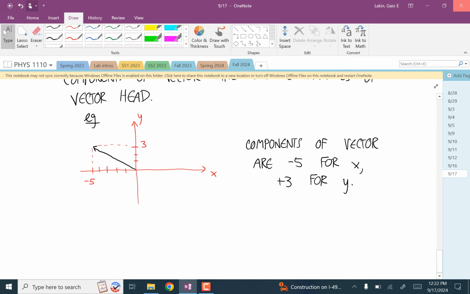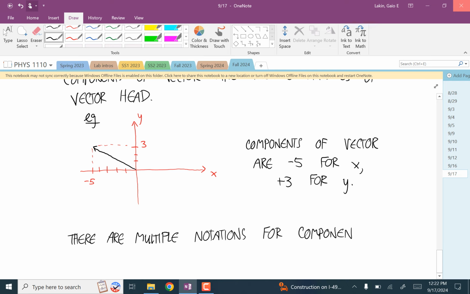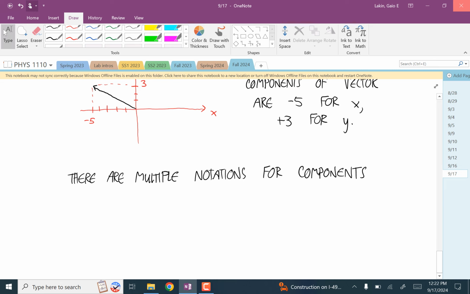There are multiple notations for components. I'm going to give you two common ones, and then I'll tell you the one that I'm going to use.